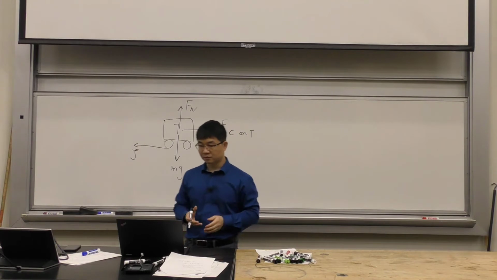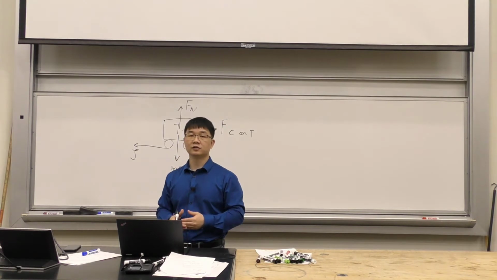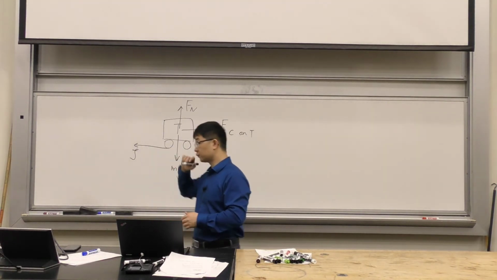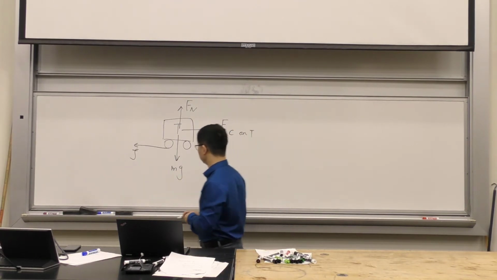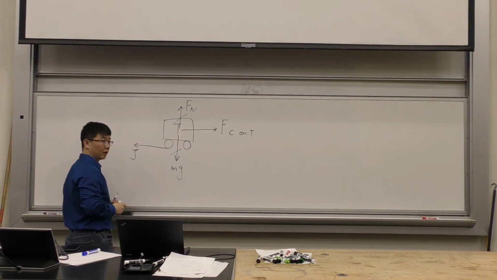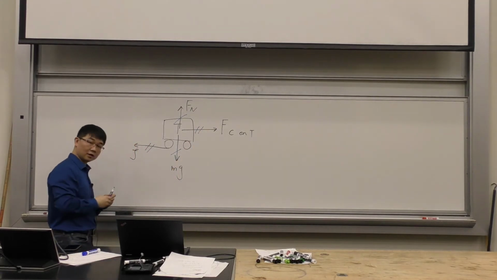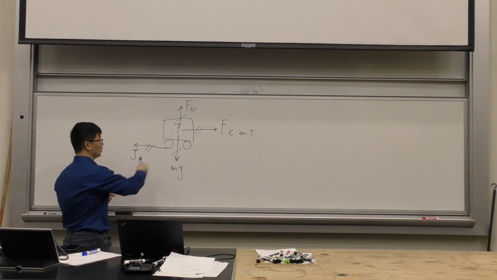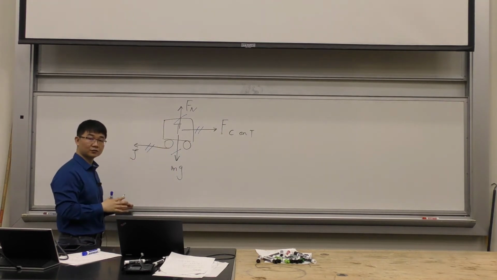Because the problem says the trailer and the car are moving with constant velocity. Anything moving at a constant velocity, from Newton's first law, all the forces must balance out. The net force must be zero. So if these two forces cancel out in the y direction, then these two forces must cancel out in the x direction. And these two forces are on the trailer, so they are balanced forces.